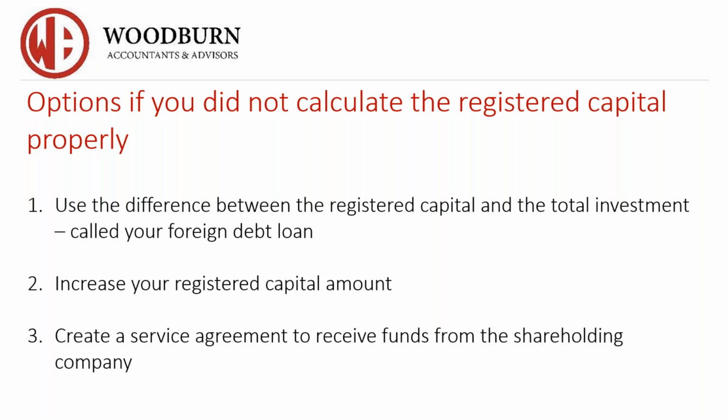The third and the most immediate solution, especially if you're running out of money, is creating a type of service agreement to receive funds from the shareholding company. Now, the downside of creating the service agreement is obviously, number one, it should be as true and valid and authentic as possible.